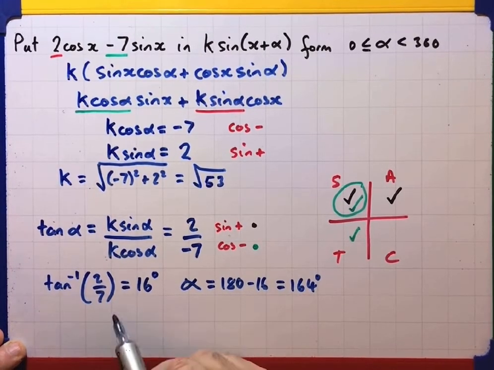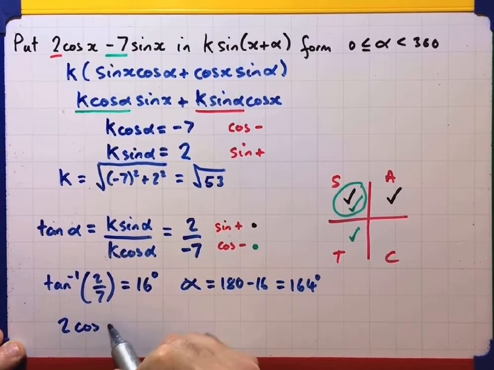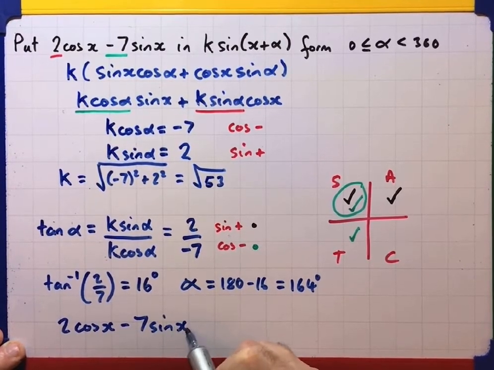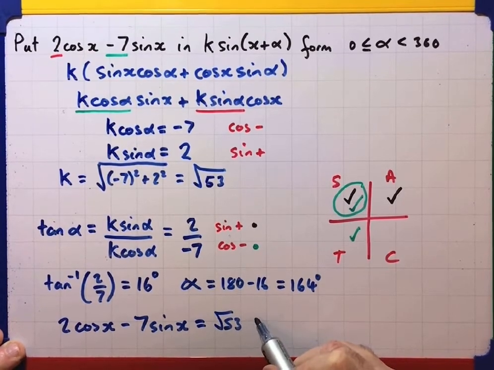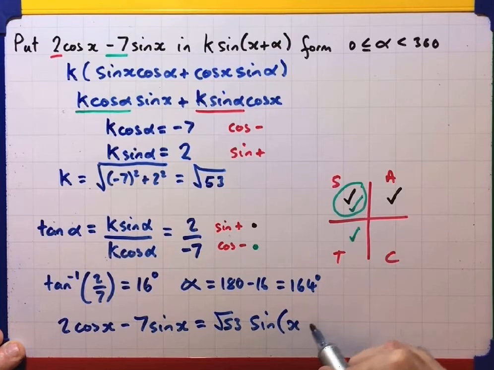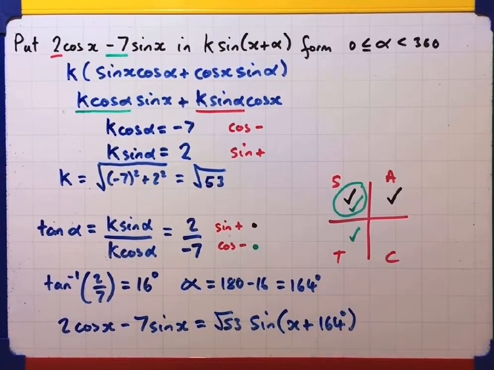So our final answer here would be that 2 cos x minus 7 sine x equals root 53 sine of x plus 164 degrees. Okay?